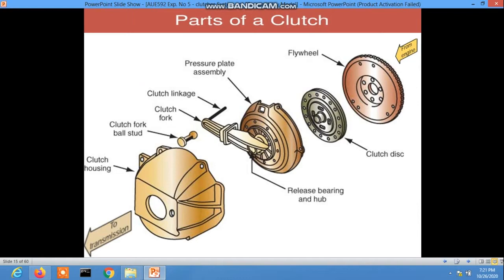Third is the pressure plate assembly. That means there is the pressure plate, that is the clutch cover, and the pressure plates are there. This is the clutch linkage, and this is the clutch fork, and this one is the release bearing or throwout bearing.